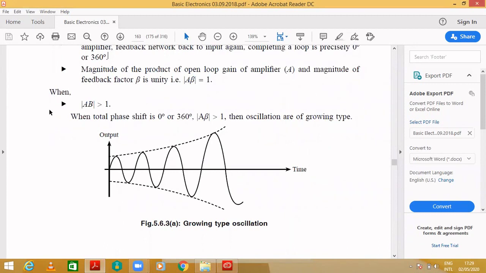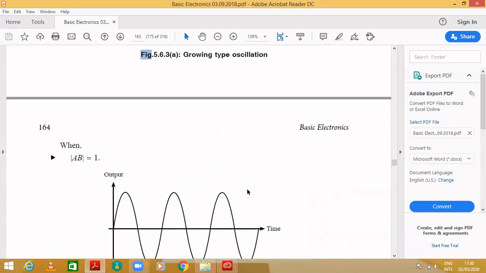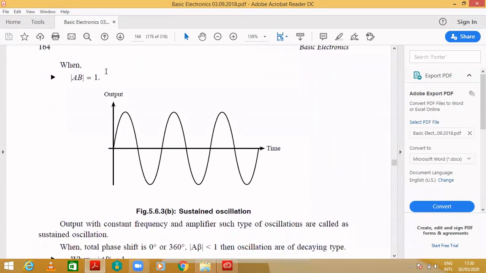Now suppose A beta is greater than 1, what happens? If A beta is greater than 1, when the total phase shift is 0 degree or 360 degree, it is satisfying the first statement but not the second statement. At that time, the sine wave will be of the growing type, because the gain and feedback network product is increasing, as it is greater than 1. It is not unity. Suppose it is satisfying the first statement and also the second statement, then it is a sustained oscillation.